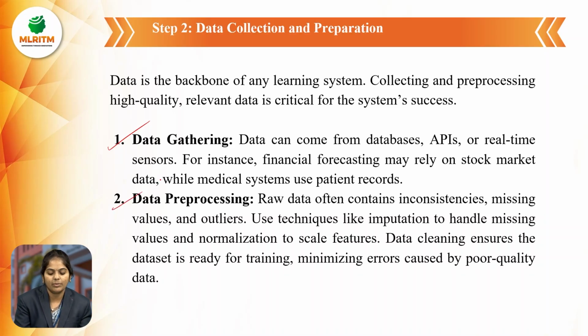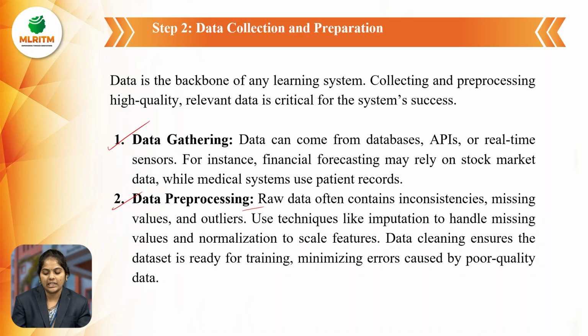And the second one will be data pre-processing. Basically, whatever data we collect will never be used directly as training data. First, we'll clean the data and set up quality data for the learning purpose. Further, we need to do the data processing step. Here, the raw data often contains inconsistencies, missing values, and outliers, and we'll use some techniques to handle the missing values and normalization.